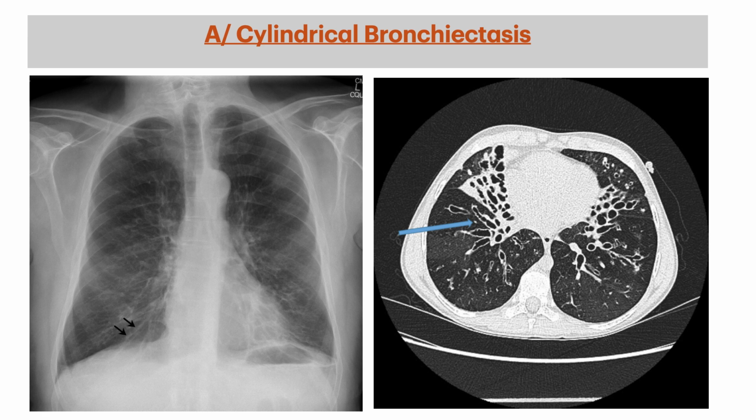And on the CT, the bronchi in the plane of the image will appear tubular without tapering, and the bronchi cut in cross section will demonstrate the signet ring sign, where we see a dilated bronchus accompanied by the smaller pulmonary artery.